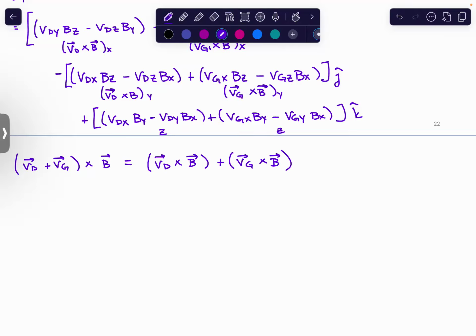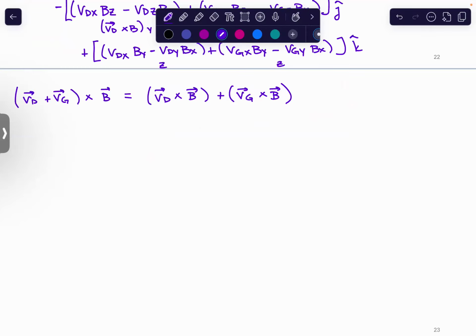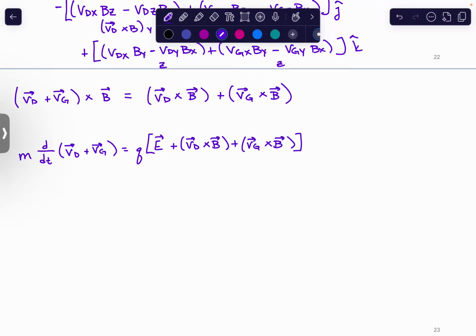Okay, now we're going to go back to our original differential equation, our Lorentz force, and it's going to now look like this. Now, we need to do some comparison.